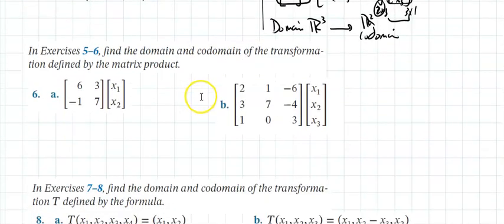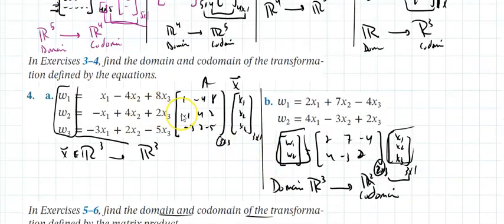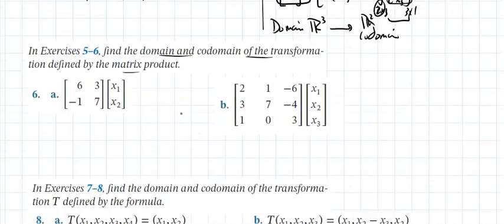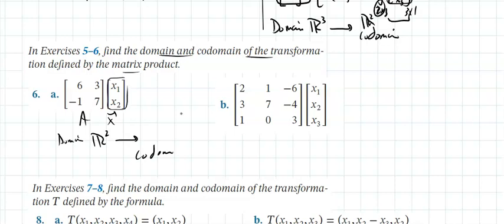If I look at 6, the same deal. Find the domain and codomain of the transformation. Now they're giving you all the different combinations. You could see this. I went ahead and pretty much wrote it that way. Well, isn't this Ax? The input, which is the domain, this vector is in R2. The output, which is the codomain, when you multiply this out, isn't that 2 by 2?